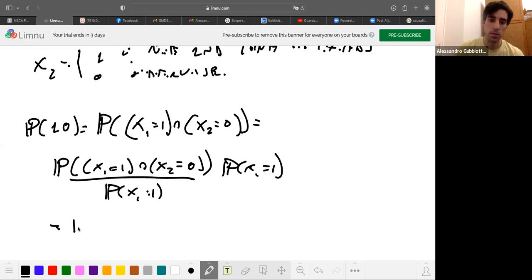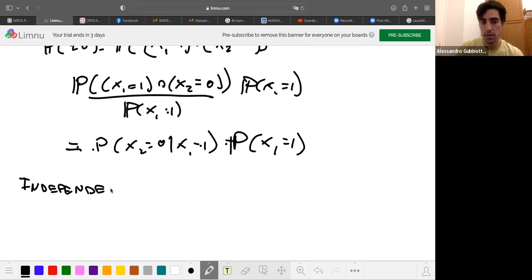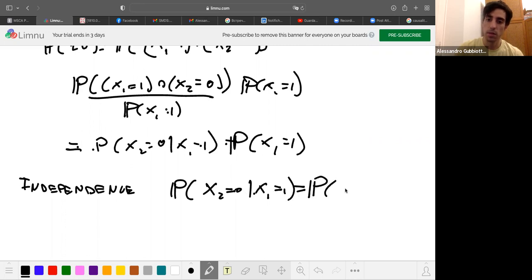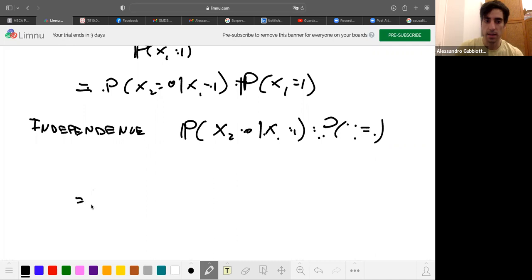This is equal to the probability that the second coin gives 0, given that the first one is 1, times the probability that X1 is 1. We can now use the independence. It means precisely that the probability that X2 equals 0, given X1 equal to 1, is equal to the probability that X2 equals 0.